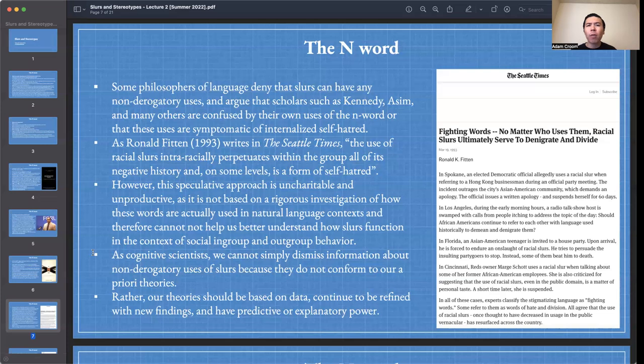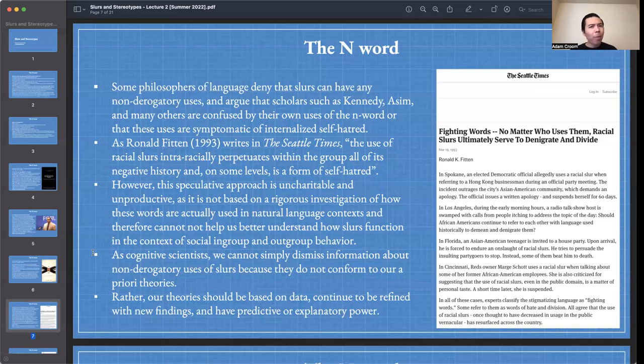So, for example, we have a law professor at Harvard University who's a slur scholar and has published many books on this topic, right? Randall Kennedy has said that the slur has a non-derogatory usage in the African American community. People like Ronald Fitton are just saying, well, they don't really know what they're talking about, right?